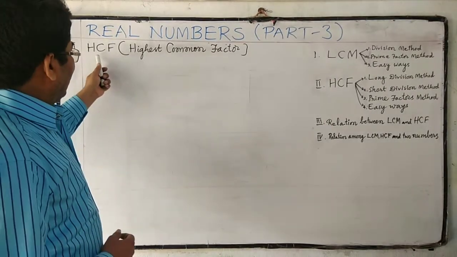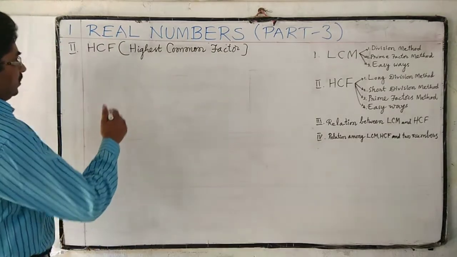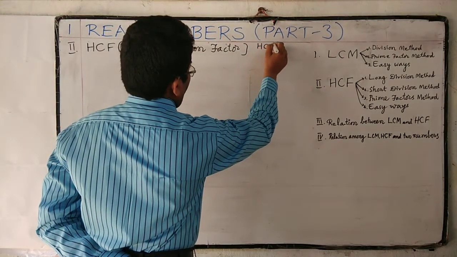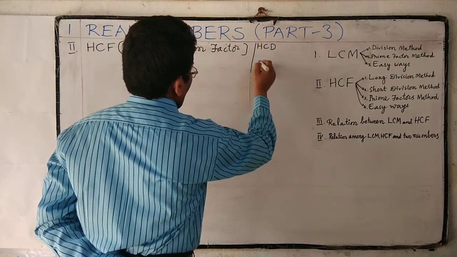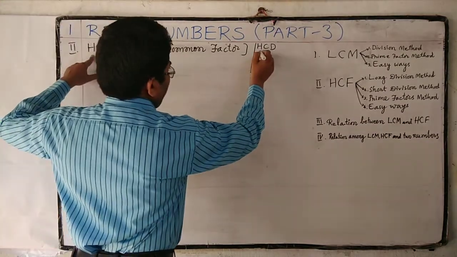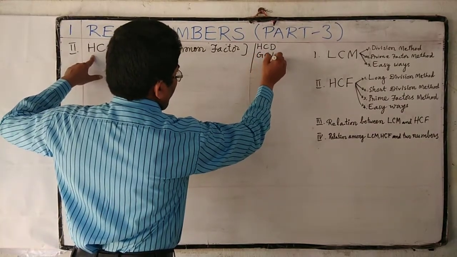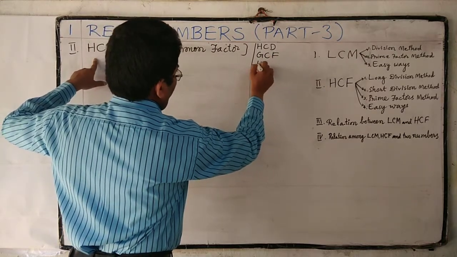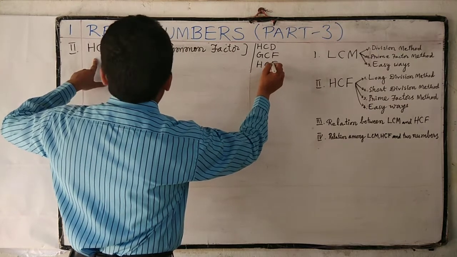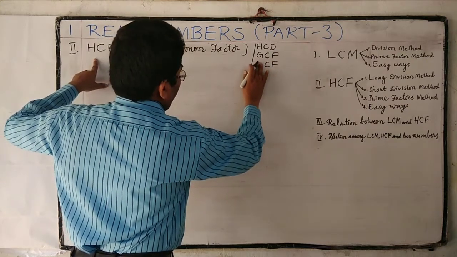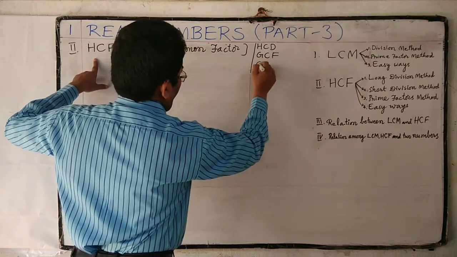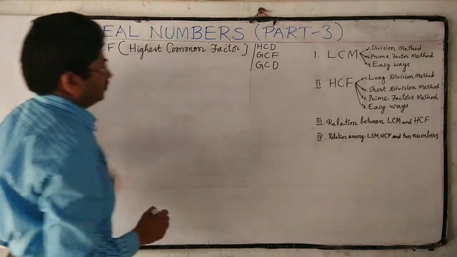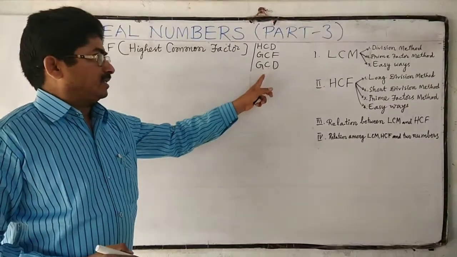We can call it by other names also: HCD, highest common divisor, or GCF, greatest common factor, or GCD, greatest common divisor. It has this many names.